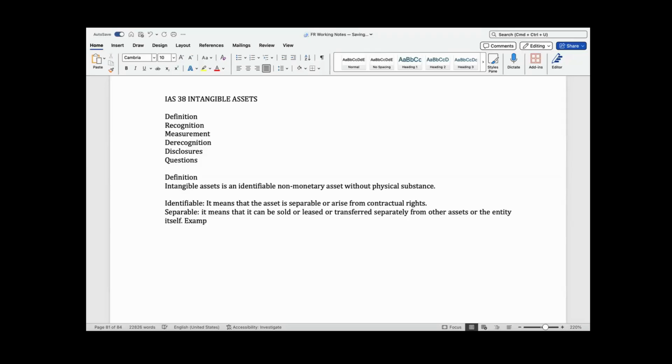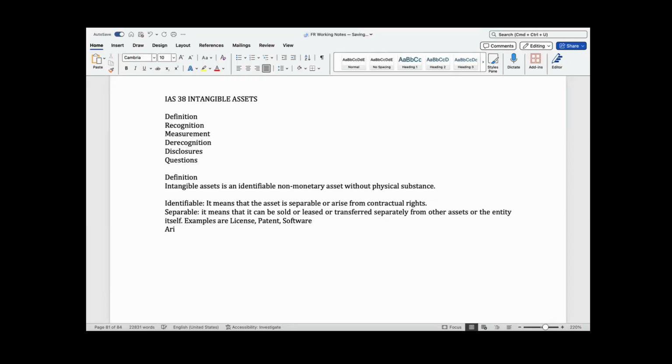And typical examples of intangible assets that are separable: you have examples like a license or even a patent or even software. They are separable. You can separate them from the company itself.